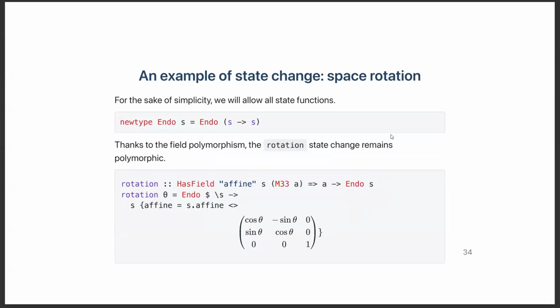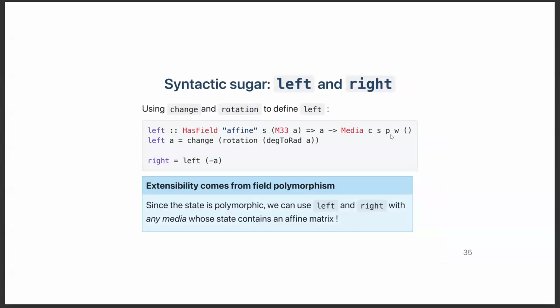And this means that this rotation state change is polymorphic in the state, as long as it has an affine field. And this is interesting, because if I want to implement the left and right instruction from the turtle graphics, well, then actually it remains polymorphic in the state.